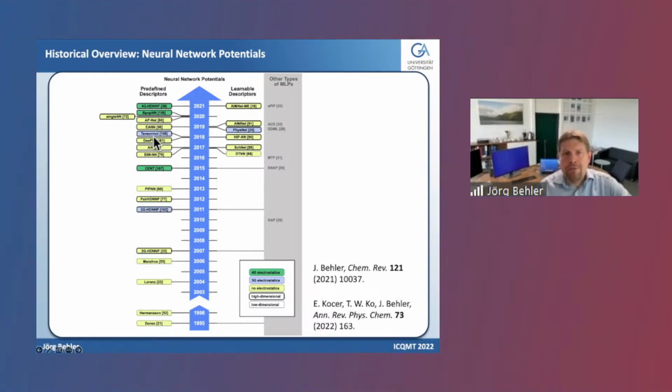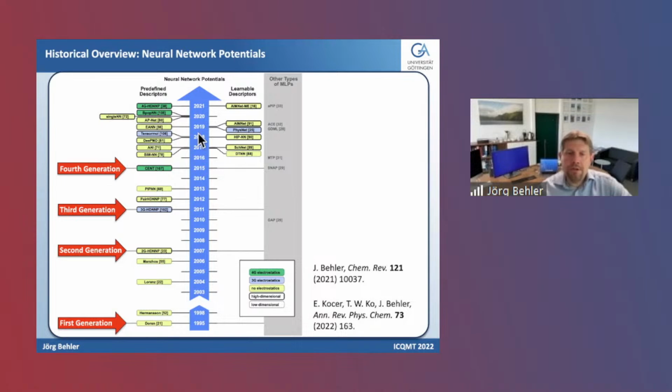But of course, there's more than neural network potentials: for example, Gaussian approximation potentials, spectral neighbor analysis potentials, moment tensor potentials, gradient domain machine learning, atomic cluster expansion, permutation invariant polynomials. There are many different types of machine learning potentials which are nowadays very successfully applied. To sort this a bit, for the case of neural network potentials, I would like to classify them into four generations, depending on the types of systems and the physics they can describe.